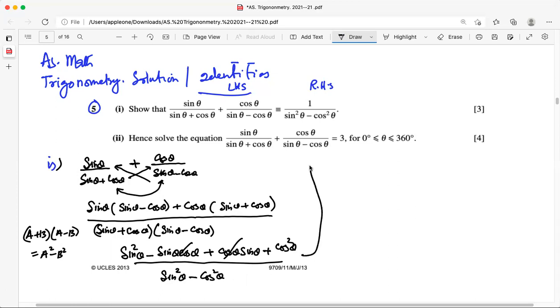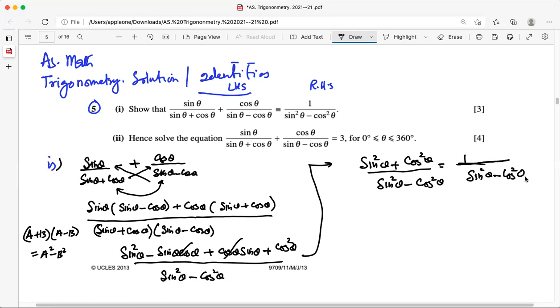Now the result for this: sine square theta plus cos square theta divided by sine square theta minus cos square theta. And we know this is equal to 1. So we write 1 divided by sine square theta minus cos square theta, which is the required result.